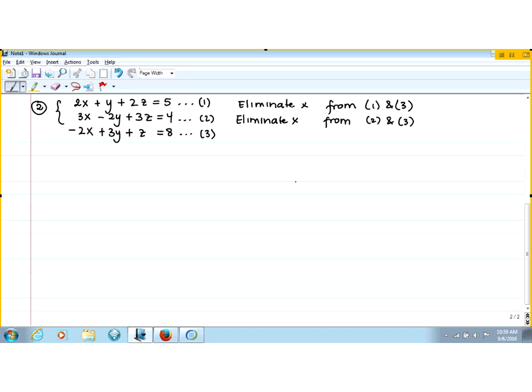So you have to eliminate x from 1 and 3, right? That's what you know. And then we probably want to label this. Yeah, equation 1.